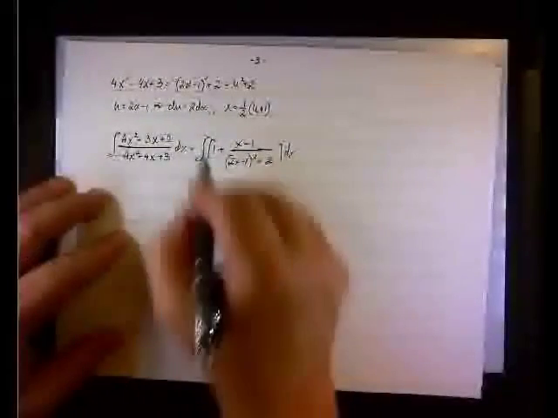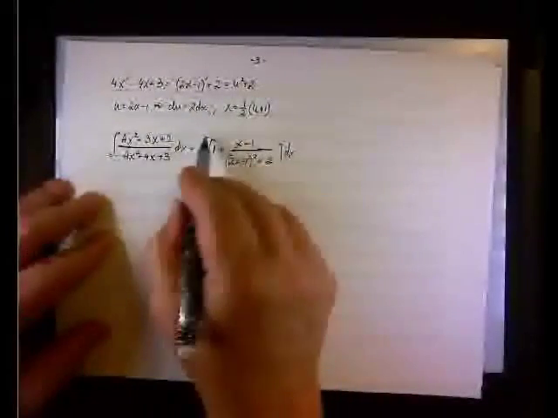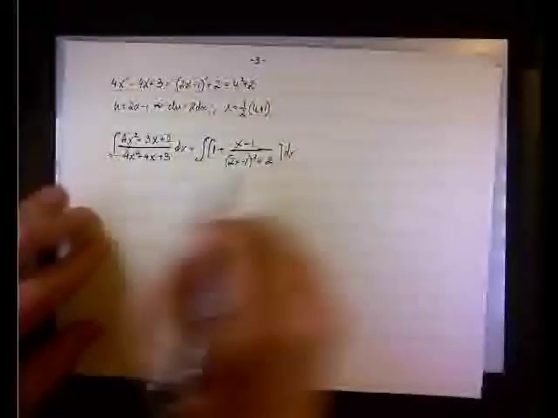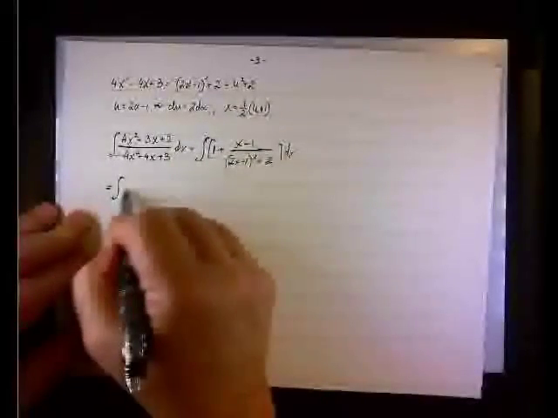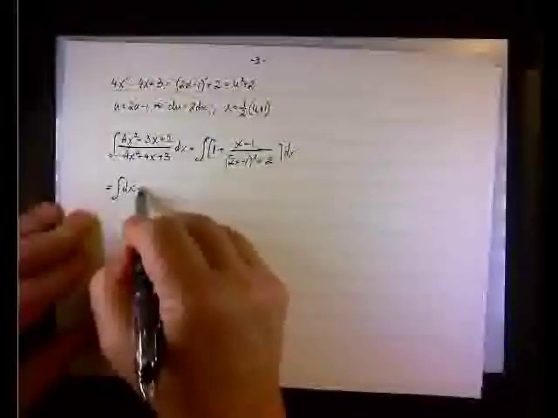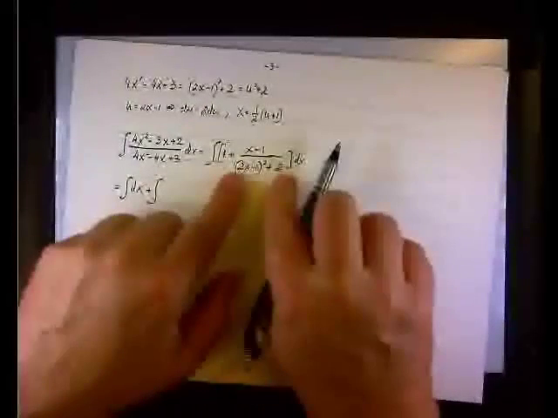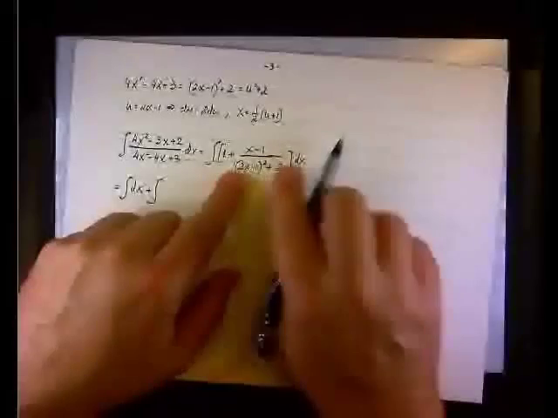And now after inserting u, first of all, I have the integral of dx, and then I have the integral of this thing, okay?